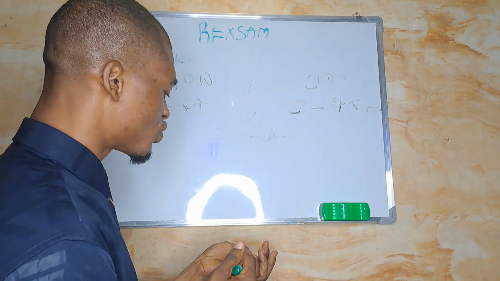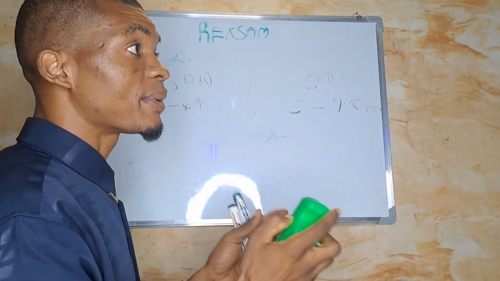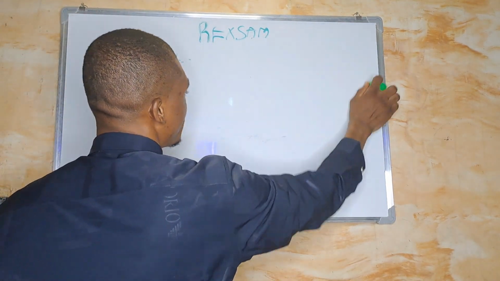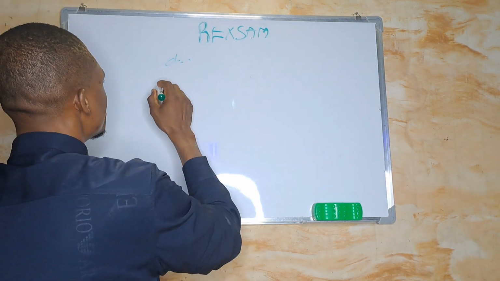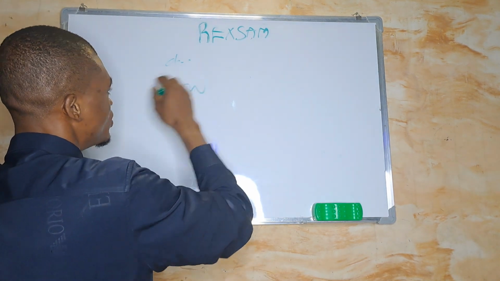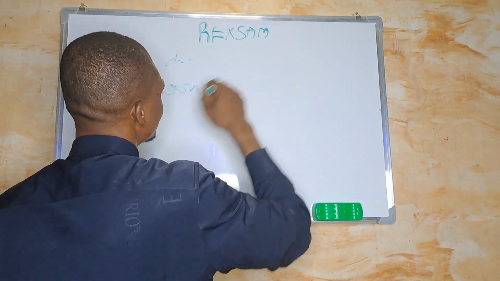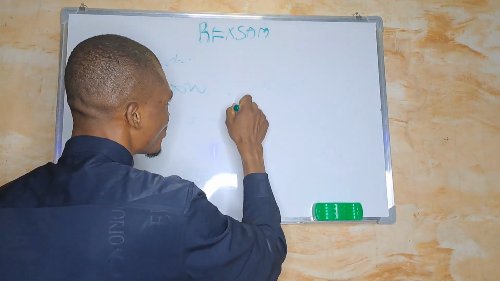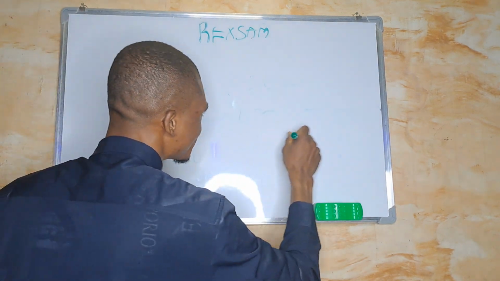So for your system to work effectively, they must be in the same amperage rating. Meaning, if it is 200 watts that you are using, you are going to combine it with another 200 watts. If you choose to use 150, you continue with 150. If you choose 300, you continue with 300.